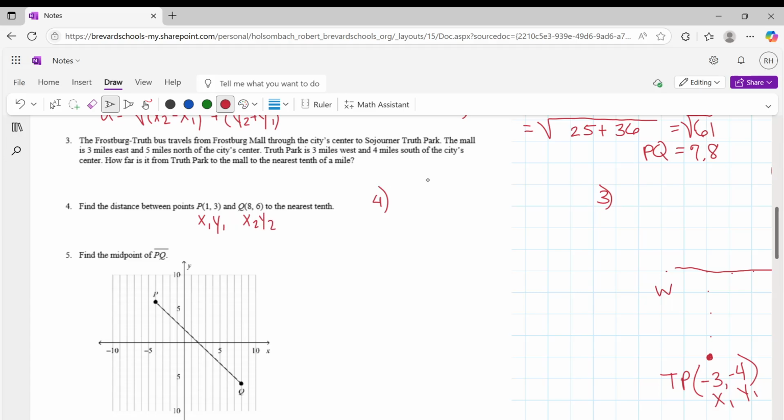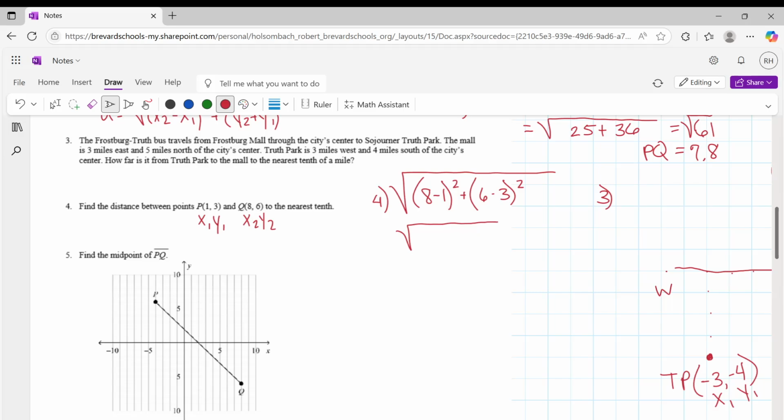And we're going to take our square root, our x sub 2 minus our x sub 1, so we got 8 minus 1 squared plus 6 minus 3 squared.